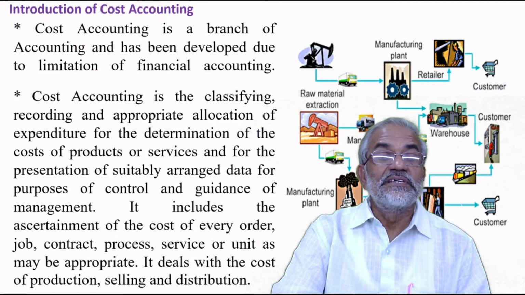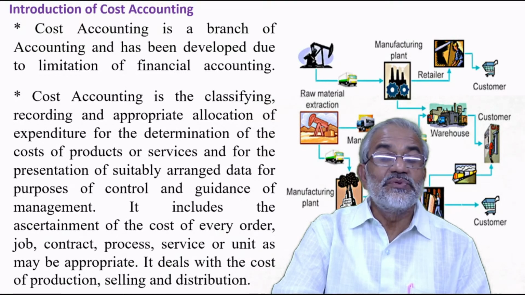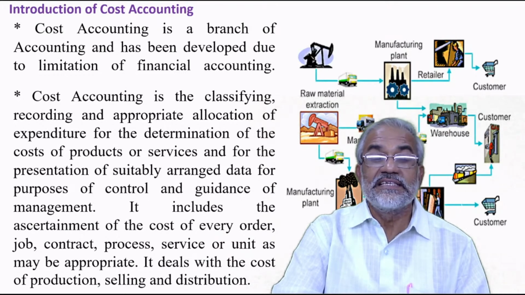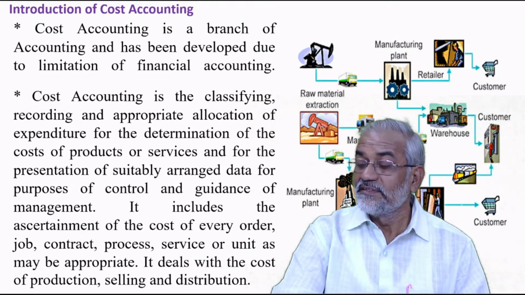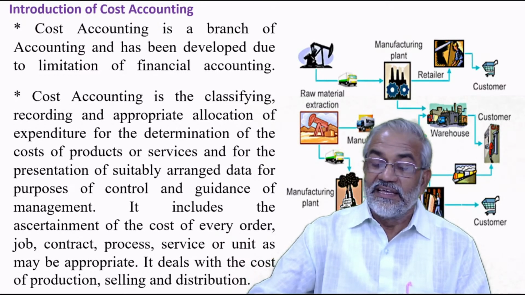It includes the ascertainment of the cost of every order, job, contract, process, service, or unit as may be appropriate. It deals with the cost of production, selling, and distribution. This is the introduction of cost accounting.